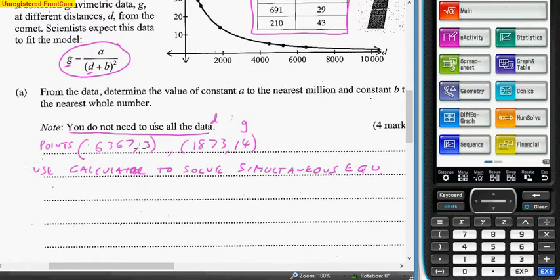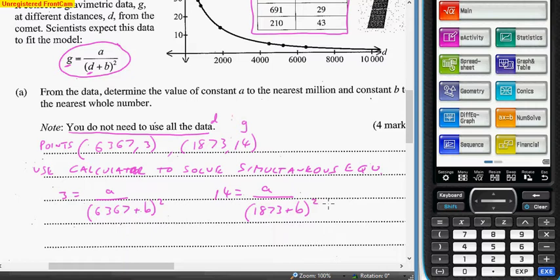So from the first one we get 3, because that's the G value, equals A, which I don't know, divided by D, which I do, 6367 plus B squared, and we also have 14 equals A over 1873 plus B squared.